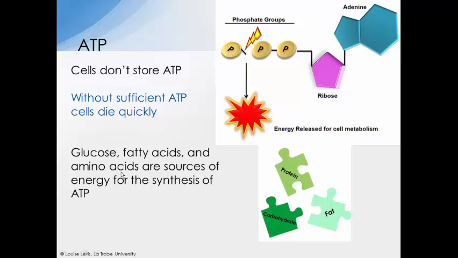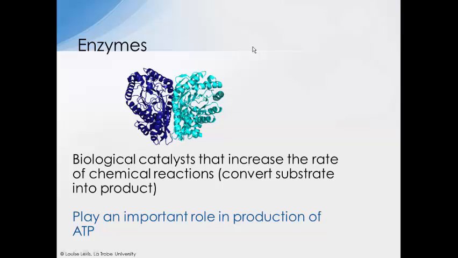Now, as we don't store amino acids in the body, we need to access those amino acids from the diet, or if they're not supplied in the diet and we do need to use them, unfortunately we start breaking down body tissues to access those amino acids, for example, muscle tissue. So it's these fuels that are used to synthesize the ATP in cells. You've probably all heard of enzymes, and these are particularly important for the metabolic pathways that produce ATP.